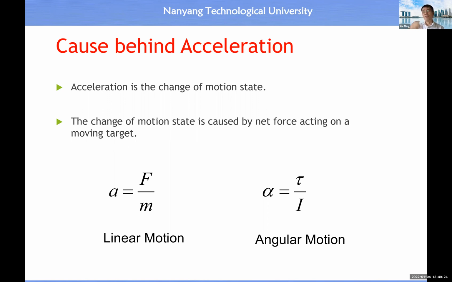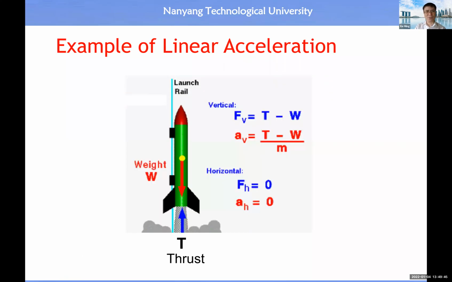So I, for a rigid body with a constant mass, is not constant, because when you change the axis of rotation, I will change. But here, normally the mass is a constant, unless the object loses mass or gains extra mass. So these are the basic equations for you to know.